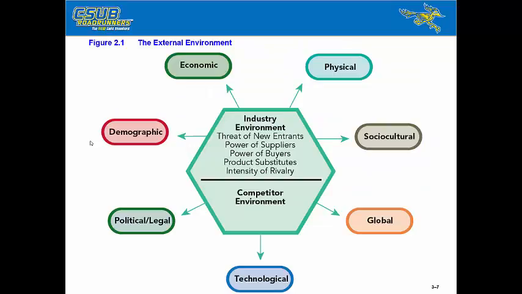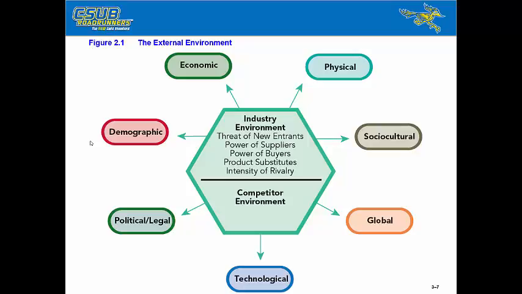So we've got seven different types of factors that are all types of driving forces. They're on the outside of this map.